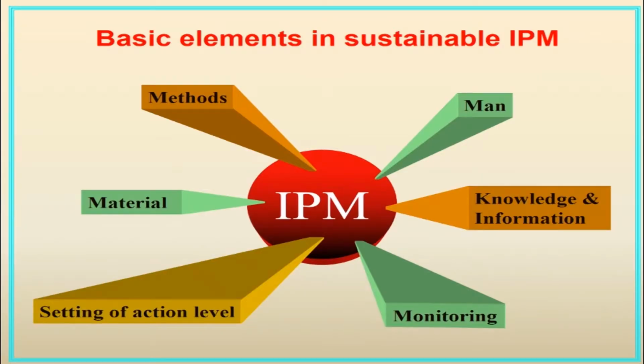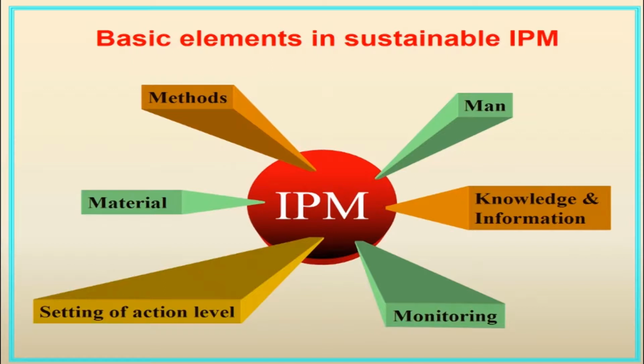What are the basic elements in a sustainable integrated pest management program? We know pretty well that man has to take the decision. He is the decision maker, and ultimately the farmer. He has to have knowledge and information of what the pest is, what the predator is, what the parasite is, what the stage and age of the crop is, and whether the insect I am seeing today is a pest or a natural enemy.